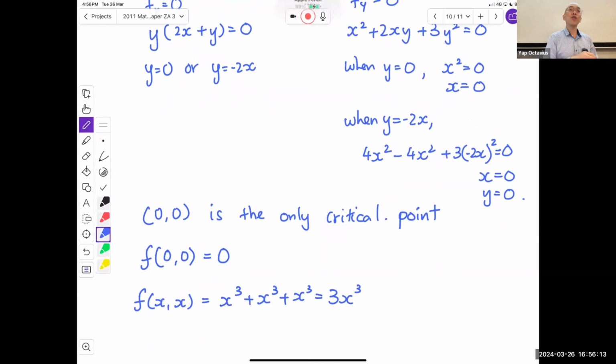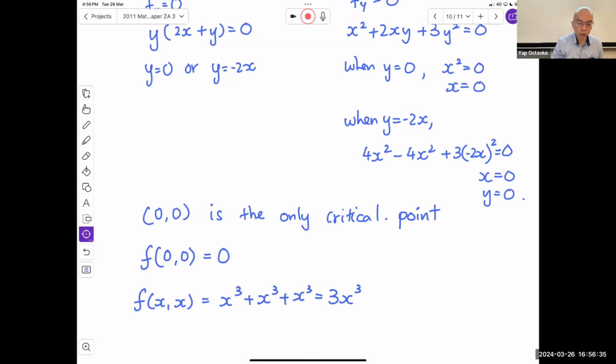Okay. So do you know how to make sense of this? That function, now we are taking all the coordinates along the line y equals x. You'll see a quadratic, no, not quadratic, a cubic function.